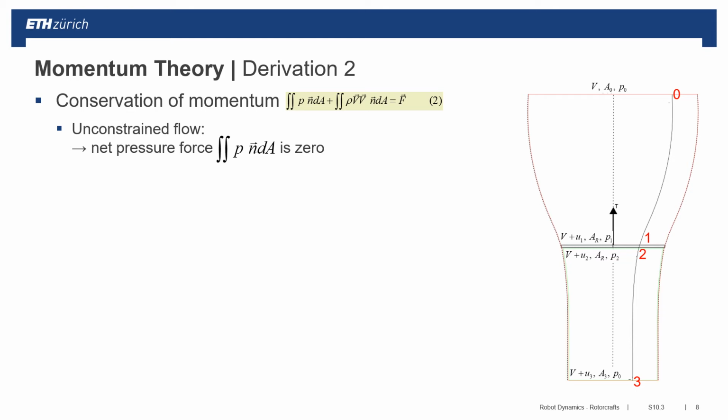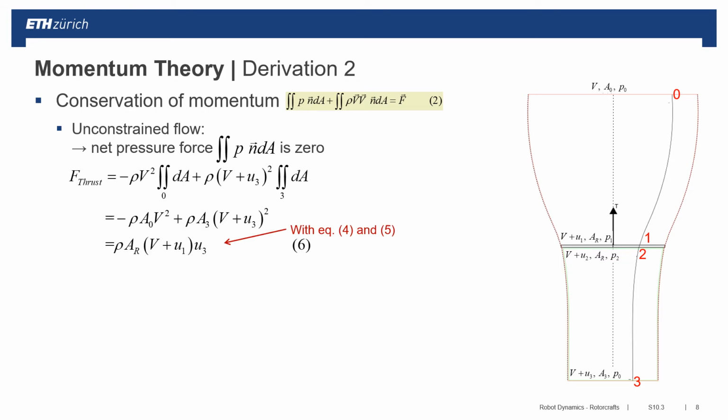Now we know that the surface outside is actually all ambient pressure, so the integral of the pressure over the surface is 0. This simplifies our equation to an equation where the thrust is directly calculated by the integral of the inflowing speed squared multiplied by the density over the surface, plus the outflow speed squared multiplied by the density, integrated over the surface.